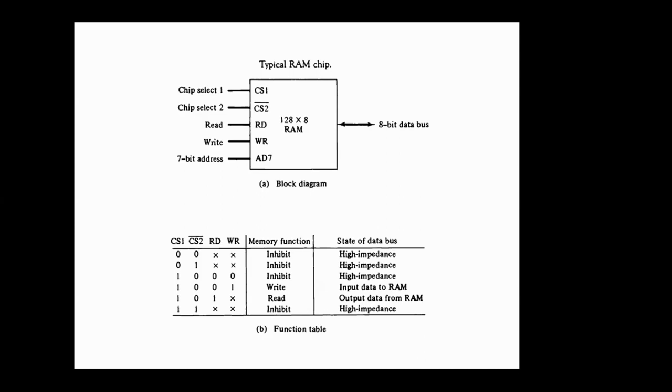So that means 8 flip-flops in the first row, 8 in the second, 8 in the third, and so on up to 128 rows. So how many bits can this RAM store? This RAM can store 128 into 8 bits in total.